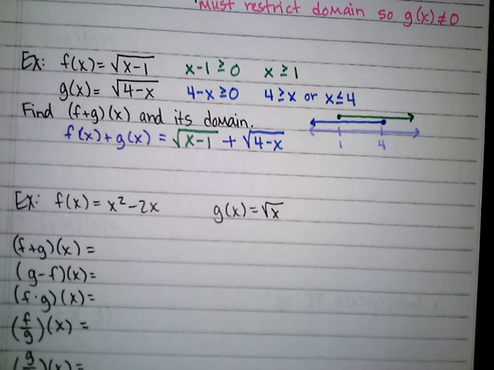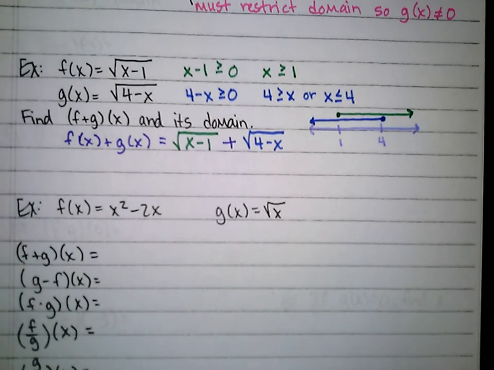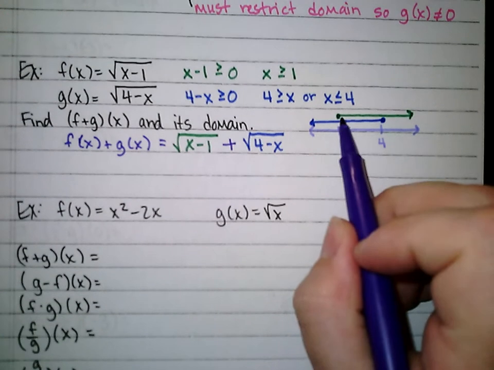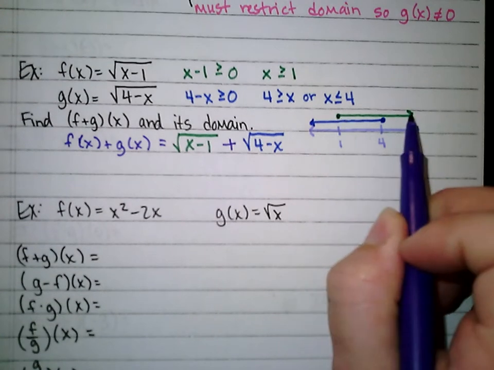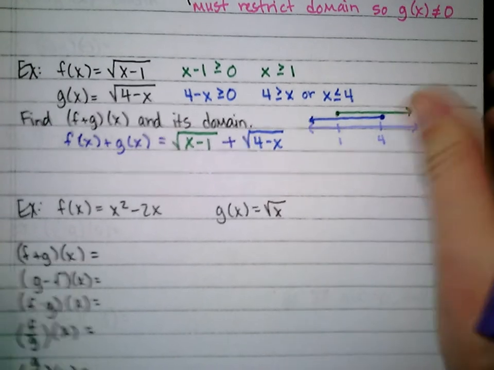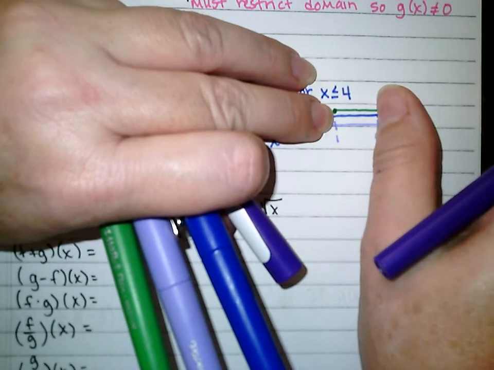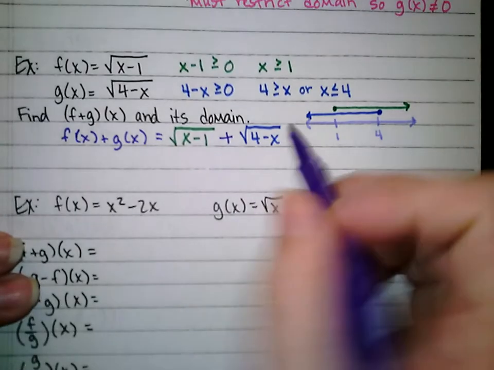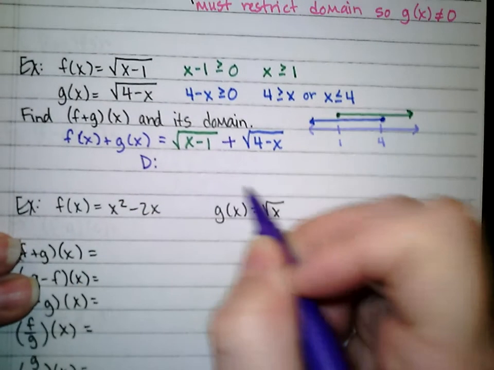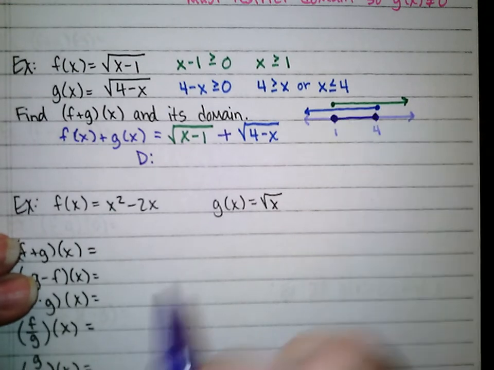And then when I add those two functions together, they need to hang out. So the green function's only allowed to go to the right of 1. The blue function's only allowed to go to the left of 4. So if they want to hang out together, they're going to have to stay in that zone where they both are allowed to be. So the domain of the overlapping function is just going to be here in between 1 and 4.